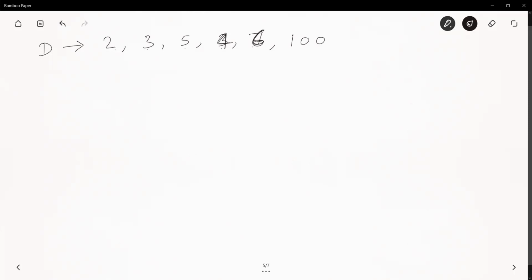Now if I ask you to find out the mean of this data set, it becomes 2 plus 3 plus 5 plus 4 plus 6 plus 100, a data set which is pretty easy to calculate. Here we have 20, and 20 plus 100 is 120, and 120 divided by 6 is going to be 20.